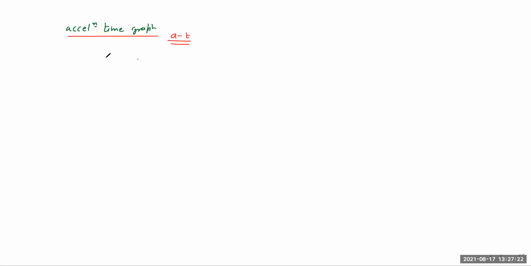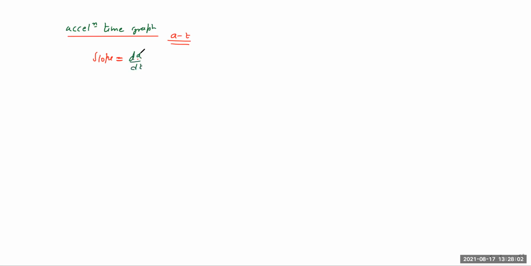Now let's try to find the slope. What will be the slope here? Slope in an AT graph: what is on the y-axis? A. Correct. So how to write the slope? dA by dt.